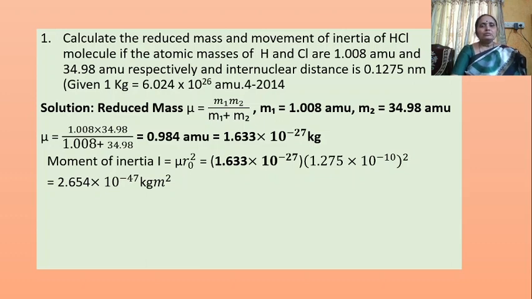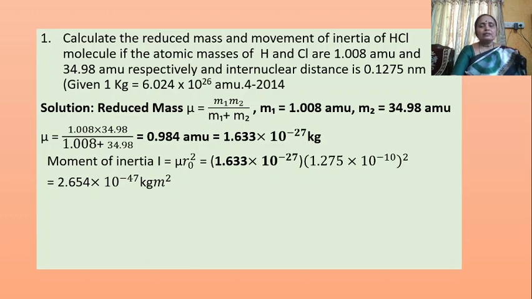So we are asked to calculate what? The reduced mass and the moment of inertia. First of all, we are supposed to know what formula we are going to use. For reduced mass, I am going to use the formula mu is equal to m1 m2 divided by m1 plus m2. Using this formula, I can calculate the reduced mass.